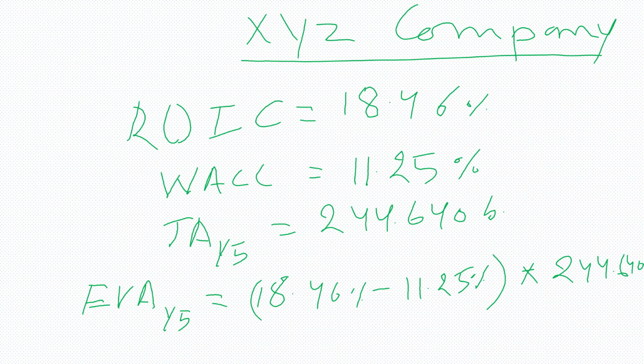If you simplify this, the total value we get is 17.64 billion. So that is the economic value added for XYZ company in year 5. That means this is the economic profit that XYZ company made in year 5.